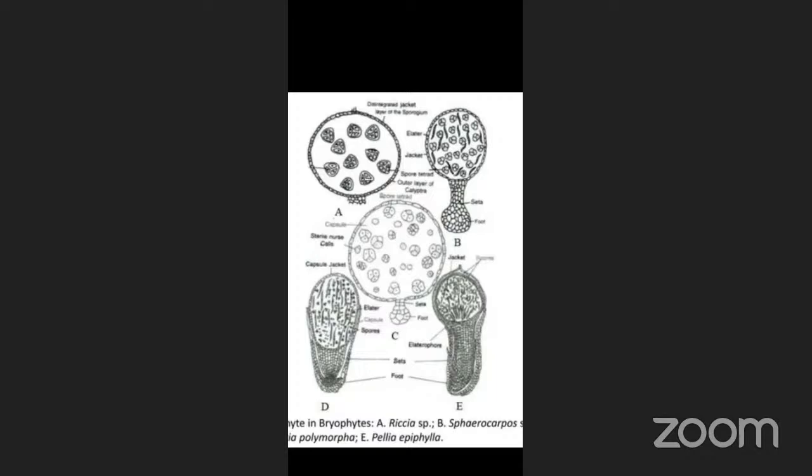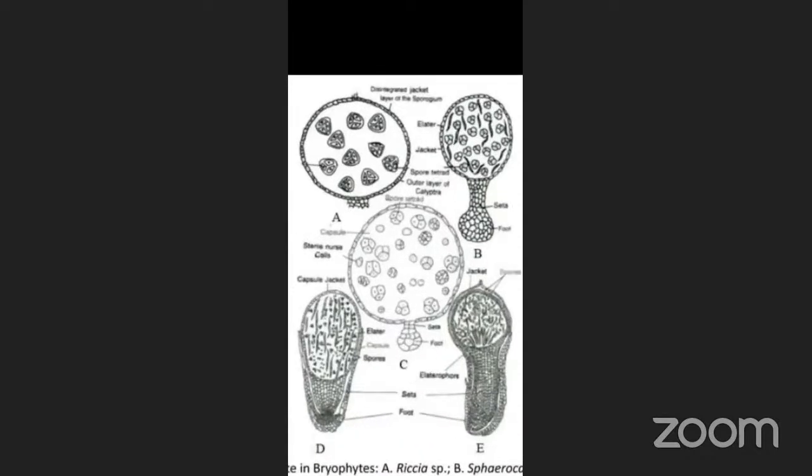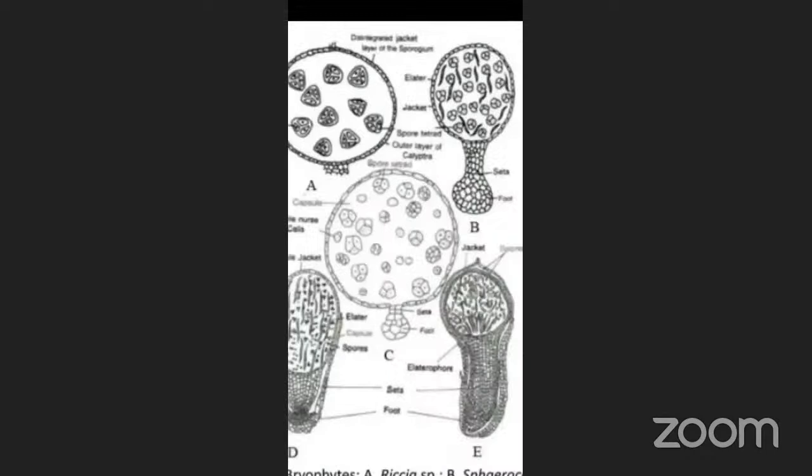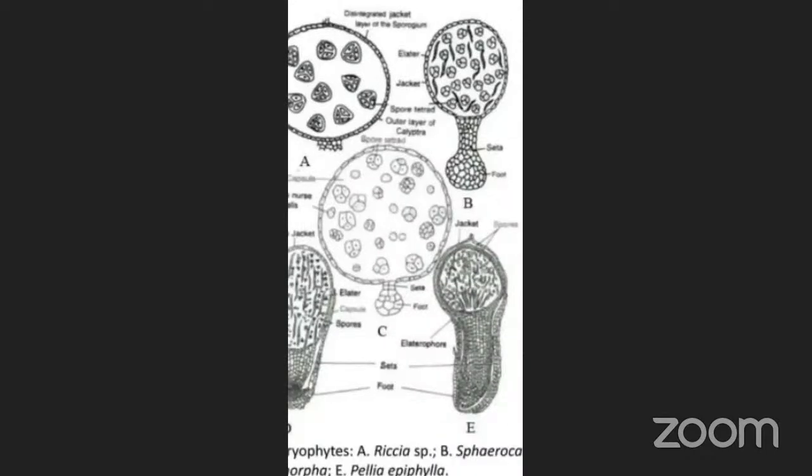Another is the reduction of the photosynthetic tissue in the capsule wall, also a decrease in the thickness of the capsule wall with the disappearance of thickening of the wall and material of the cell wall. Decreased thickness of the capsule wall means in Riccia only a single layer is there, while in the remaining ones, like Polytrichum, around four to five layers of capsule wall are there.